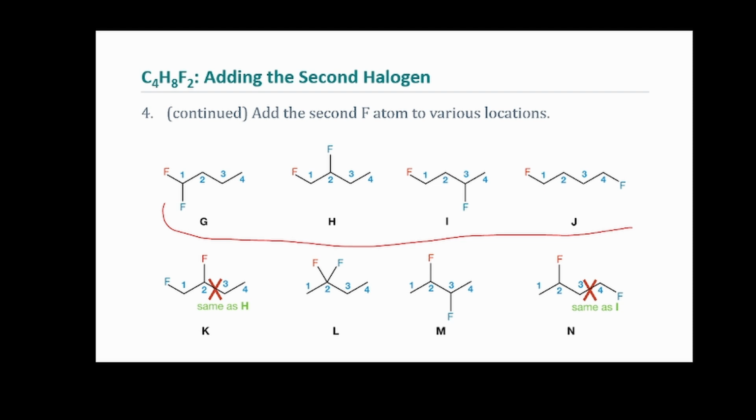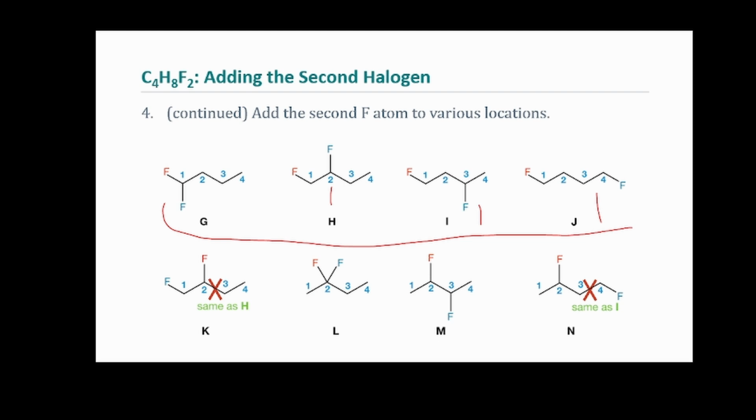Now the second fluorine is going to go on the second position. That's also unique. It's not the same as the first one, is it? No. We add it to the third position. Then we look at our previous ones. It's again unique, isn't it? And then we add it to the fourth position, and again, that one is not the same as the previous ones, is it? And so we made 4 constitutional isomers by adding that second fluorine.